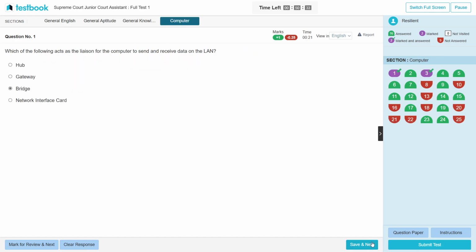Liaison bridge. Copyright symbol. Which of the following options of the Home tab is used to set a column to a specific width? Cell styles, format as a table, alignment.